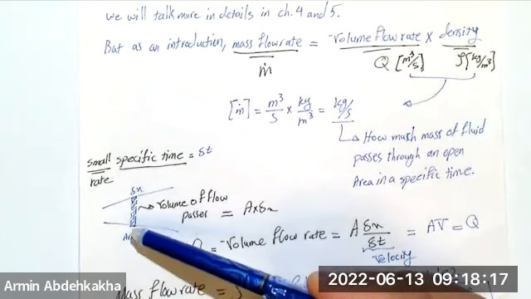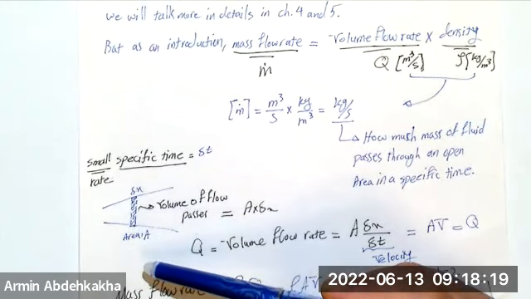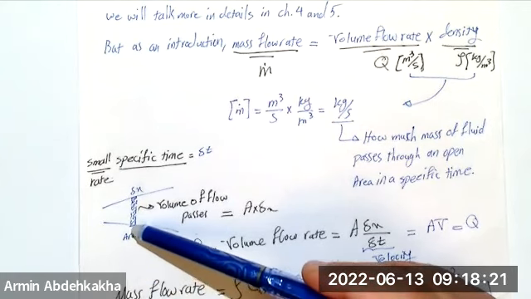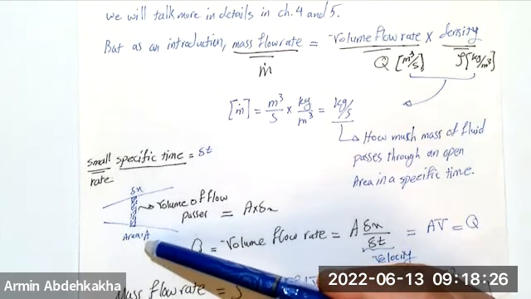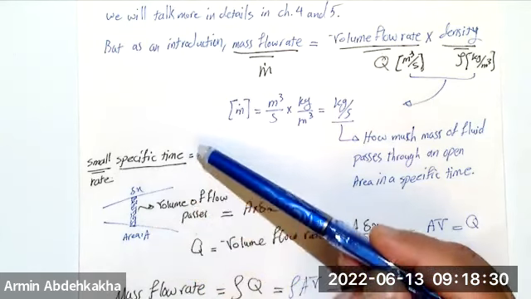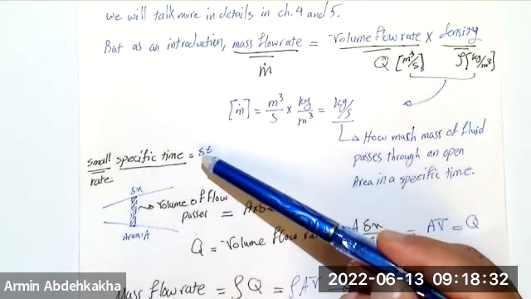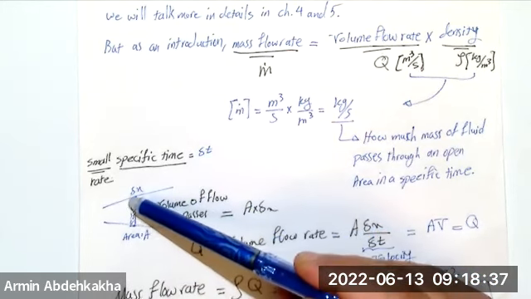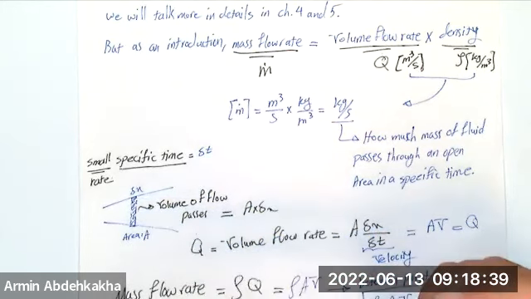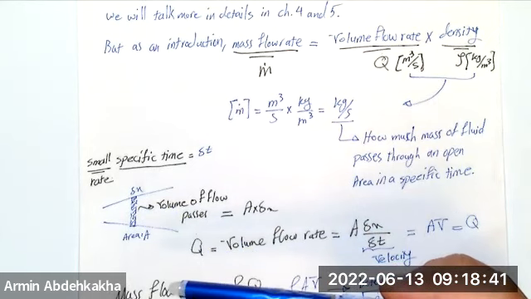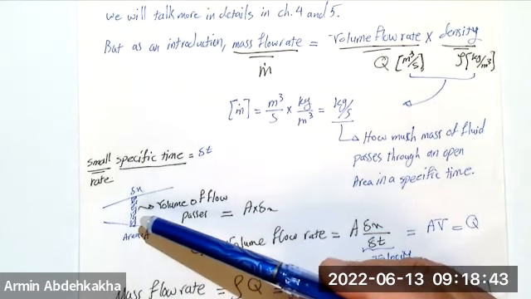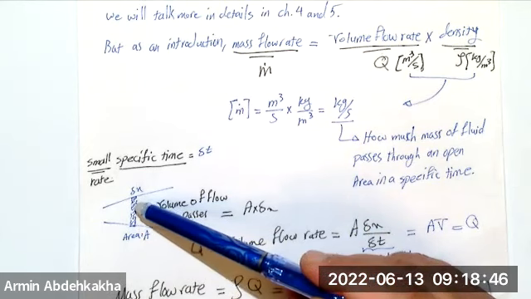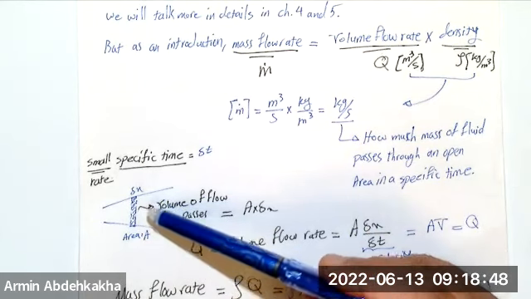If I take a specific area, or any specific line or point at this nozzle, and the area is A, and you let the time change from 0 to delta t, then you have a flow at the area A that, after delta t, moves delta x through the channel, right?